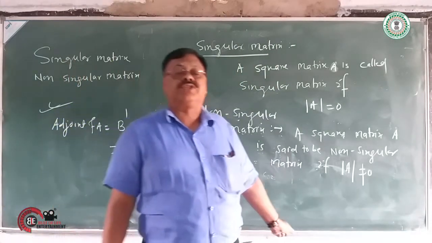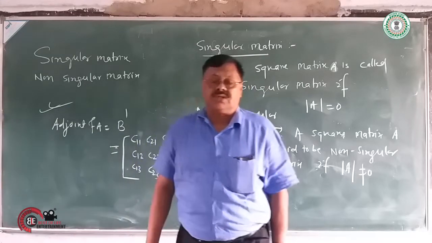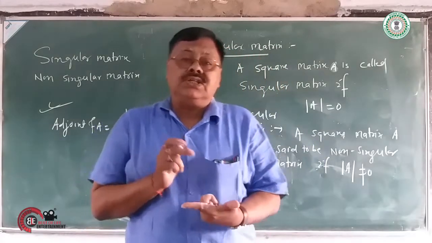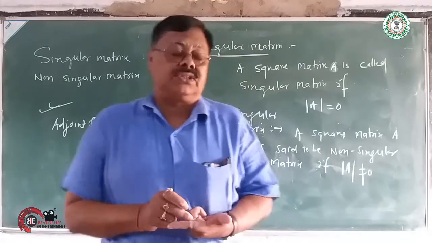That type of square matrix is called a non-singular matrix. Only a non-singular matrix has an inverse.